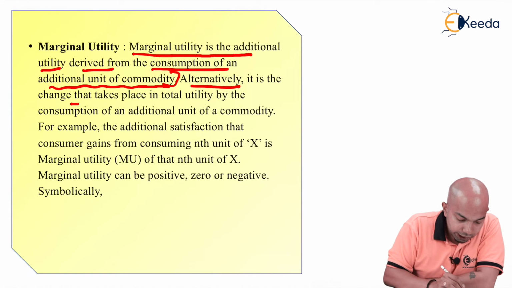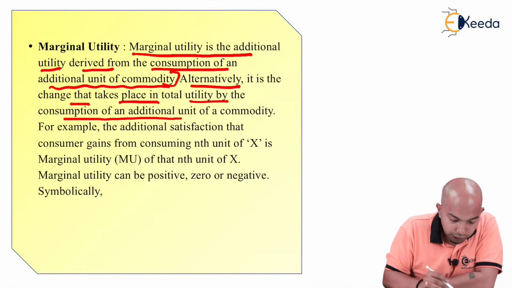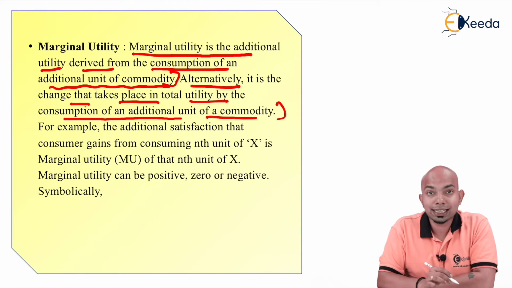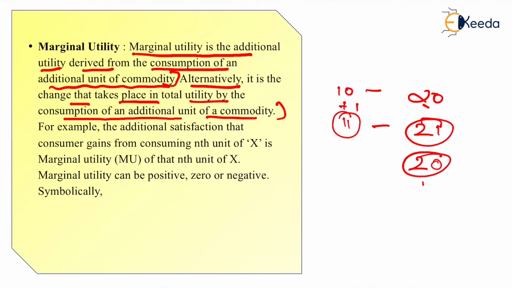Alternatively, it is the change that takes place in the total utility by the consumption of an additional unit of a commodity. For example, if 10 units are consumed and you have received a total utility of 20, will the 11th unit, that means plus 1, give you an additional 21, or will it give you 20, or will it go down? This is something you need to figure out.